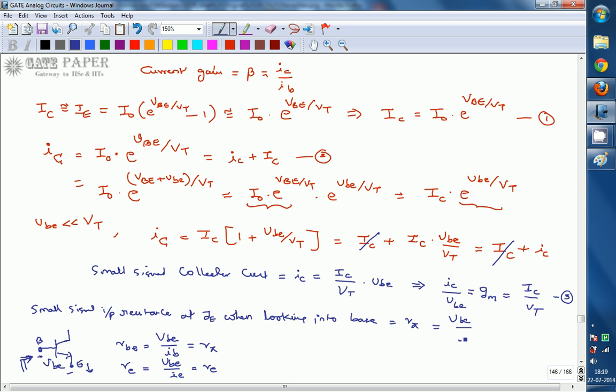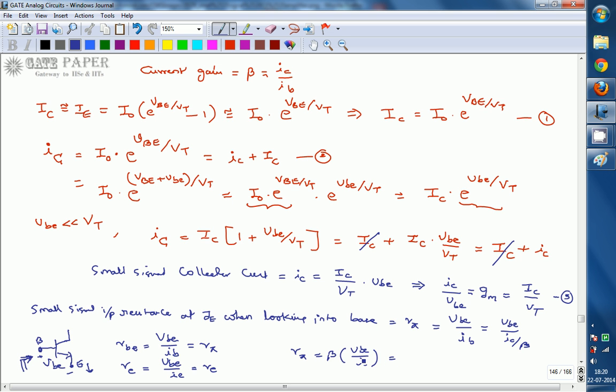VBE divided by IB. Okay, IB you can write as VBE divided by IC by beta, because base and collector currents are defined with respect to beta. So IC is equal to beta IB, so IB is equal to IC by beta. From this one, R pi is equal to beta times VBE divided by IC.